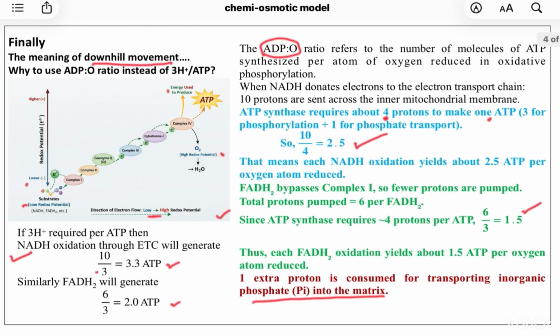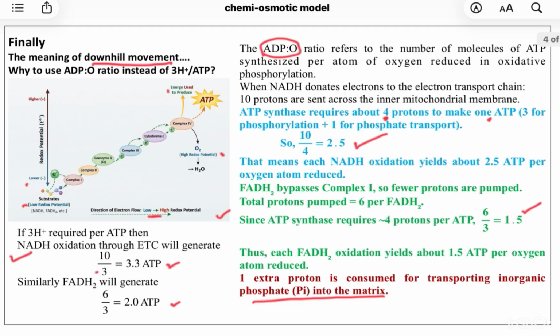The complex 2 has an accumulation of 6 protons only, and therefore, if we take it as 6/3, you can have 2 ATP per FADH2, the earlier concept, or it will be 6/4 equal to 1.5 according to the newer ratio.